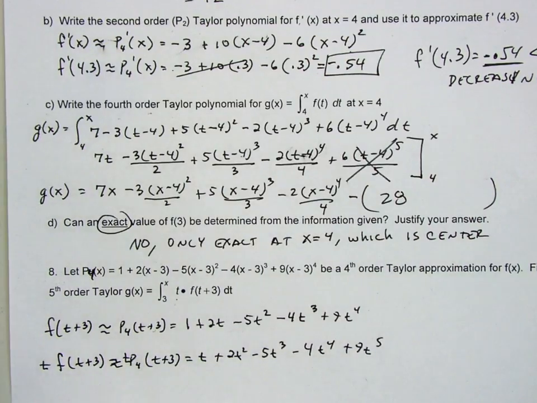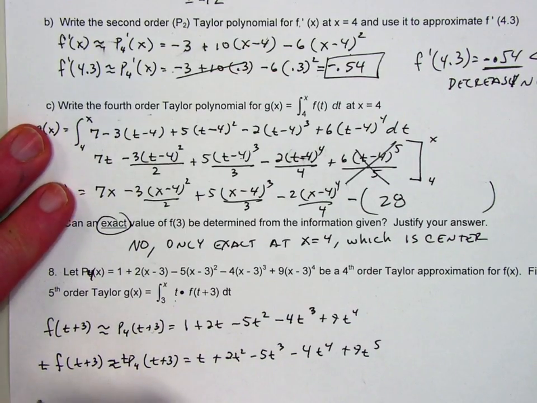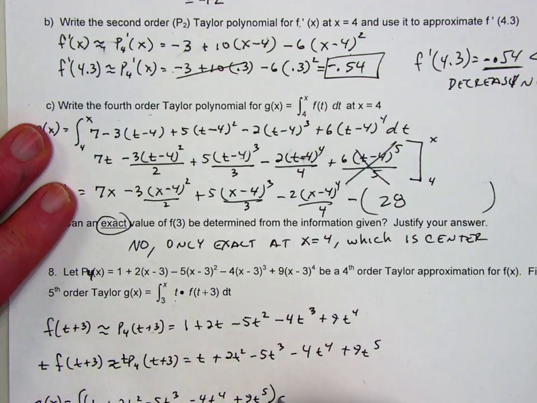All right, so now I can go integrate it between 3 and x. Okay, so g of x will equal the antiderivative of t plus 2t^2 minus 5t^3 minus 4t^4 plus 9t^5 dt from 3 to x.